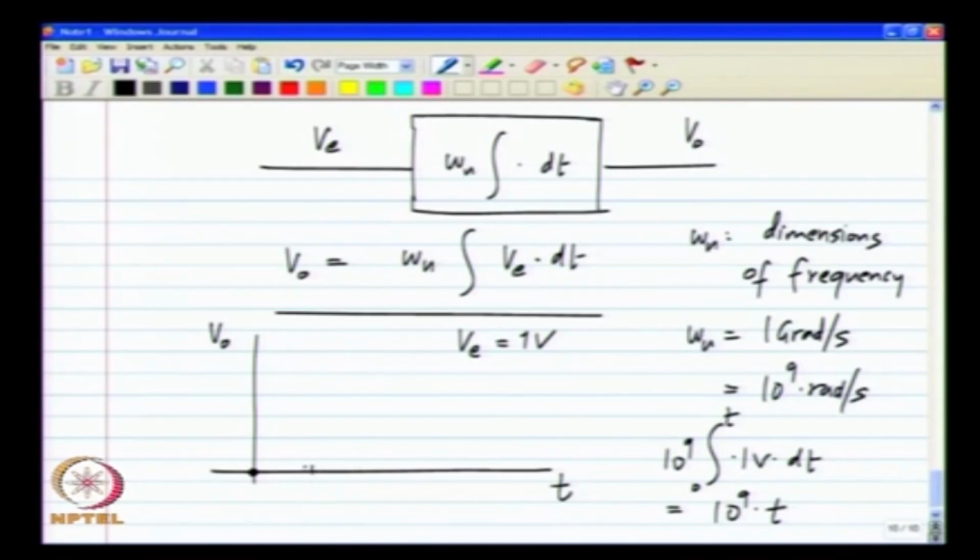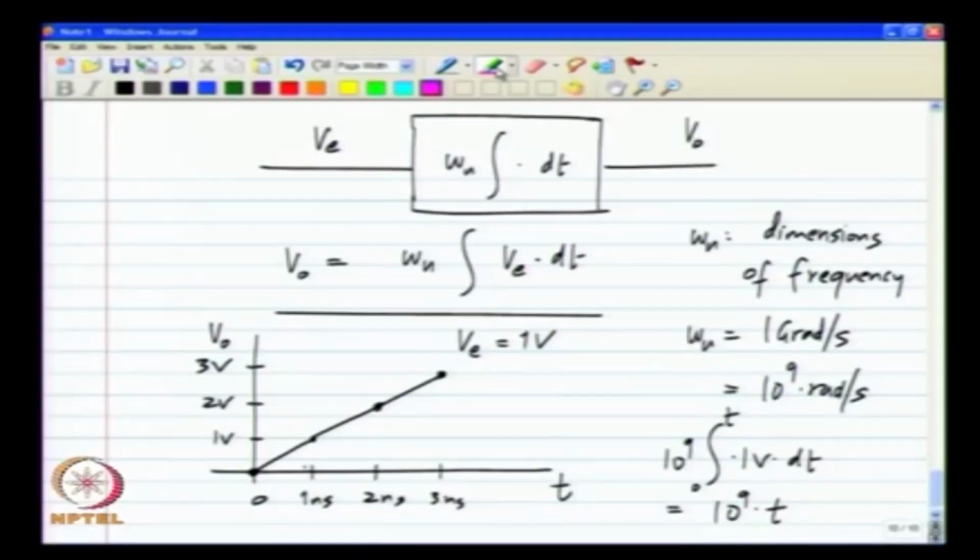So, if we plot the output, the output will increase like a ramp. At 1 nanosecond the output will be 1 volt, at 2 nanoseconds the output will be 2 volts, and at 3 nanoseconds it will be 3 volts, and so on. So, if VE is a constant, the output will increase with a constant slope, and the slope is related to this constant omega u and the value of VE.